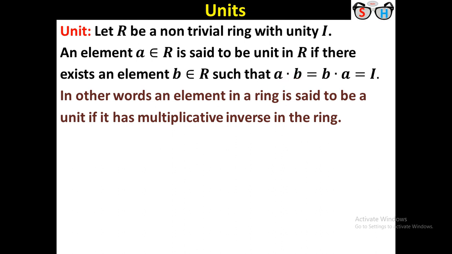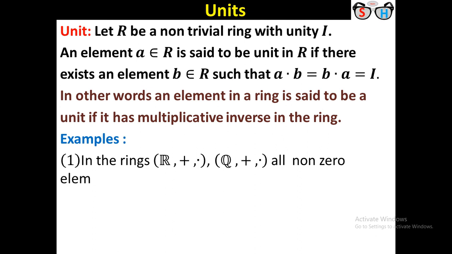Now we give some examples. At first we take the set of real numbers and the set of rational numbers. Here all the non-zero elements are units. Because in real numbers, suppose 3 is a real number. If you multiply 1 by 3 with 3, then this will be 1. So 3 is a unit because 1 by 3 is the multiplicative inverse of 3, and similarly 1 by 3 is also a unit.